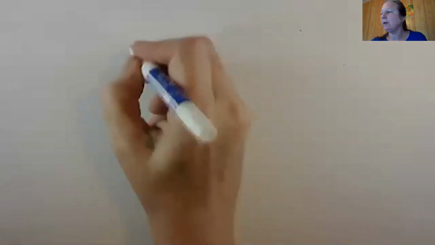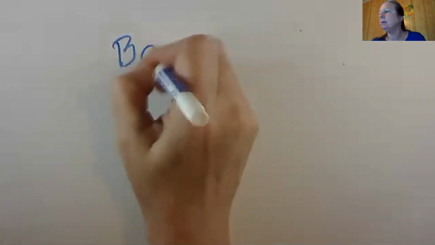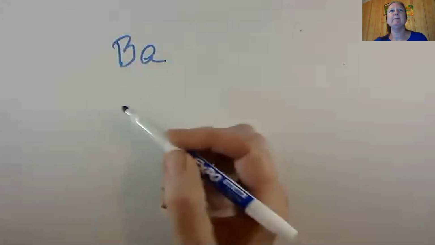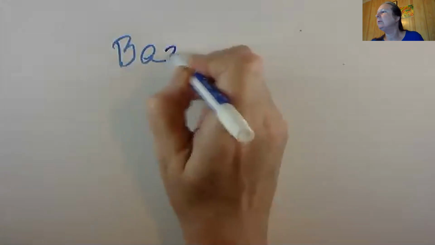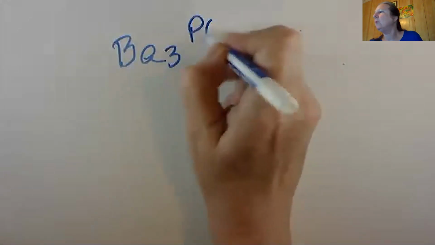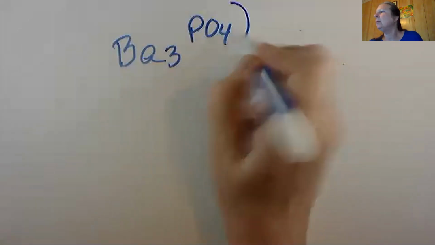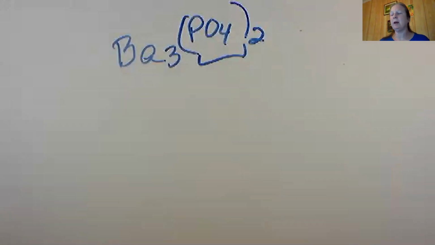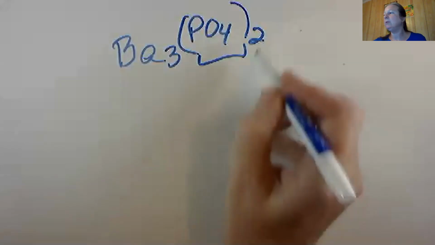So barium phosphate. And I'm going to cheat and look at the slide because it's already been a long day. Ba3(PO4)2. Now, notice I had to put parentheses around my phosphate ion because I have 2 of them.